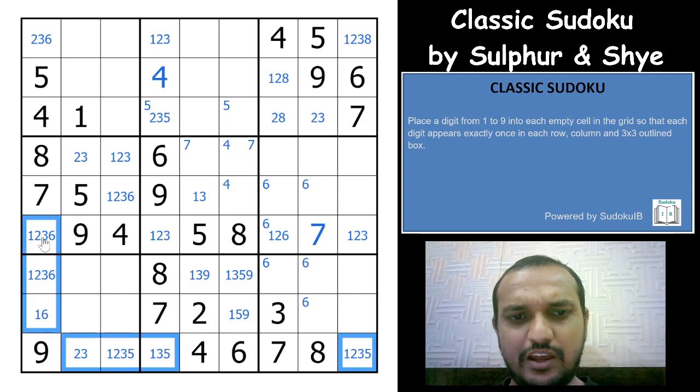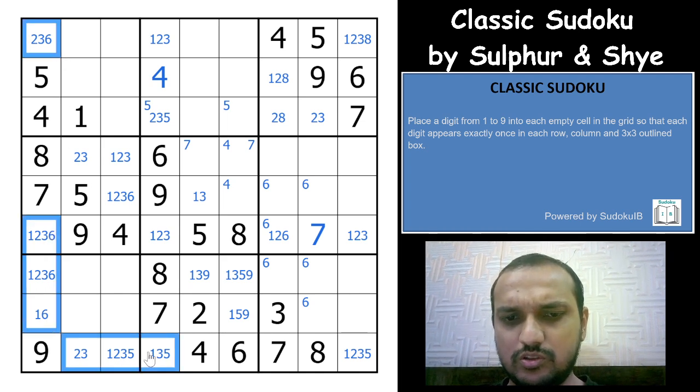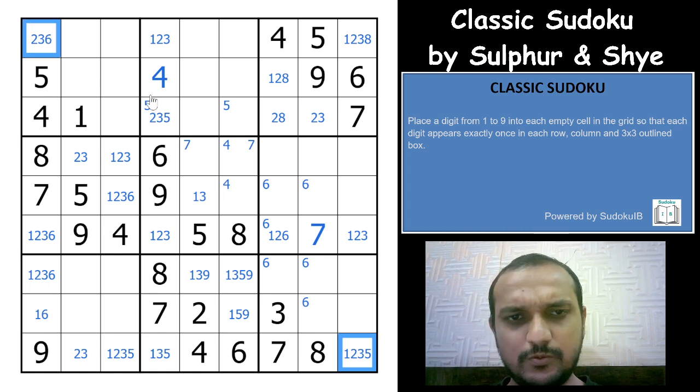Do I have something with the firework technique here? If 1, 2, 3 needs to be in this row, this column and this row, and if both digits are 1, 2, 3, then I can say that both of these cannot be 6 and 5 simultaneously.